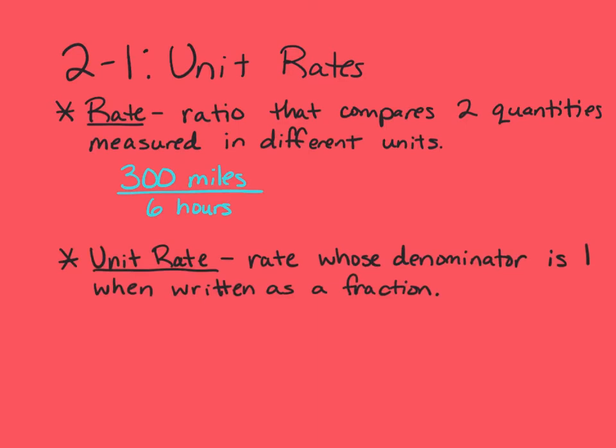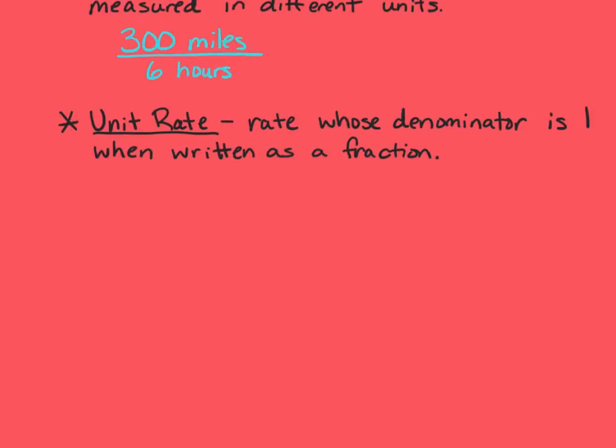So a unit rate is just a rate whose denominator is 1 when written as a fraction. So we can take this rate we started with, 300 miles in 6 hours, and change it to a unit rate by simplifying or reducing the fraction to a number over 1.